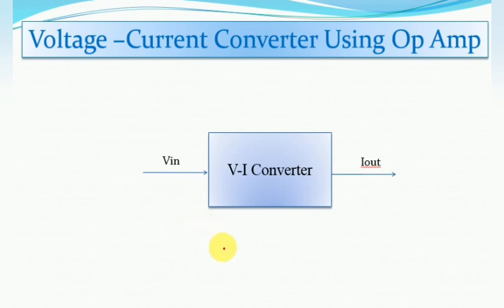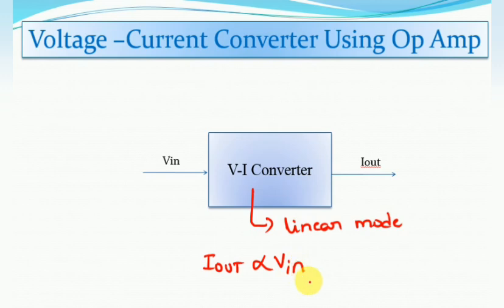This V2I converter circuit should operate in the linear mode. We know that linear mode is nothing but if there is a change in the input signal, the output signal should respond to that change and display the value. That is, the I out is always proportional to the V in. So it is directly proportional to the input voltage.